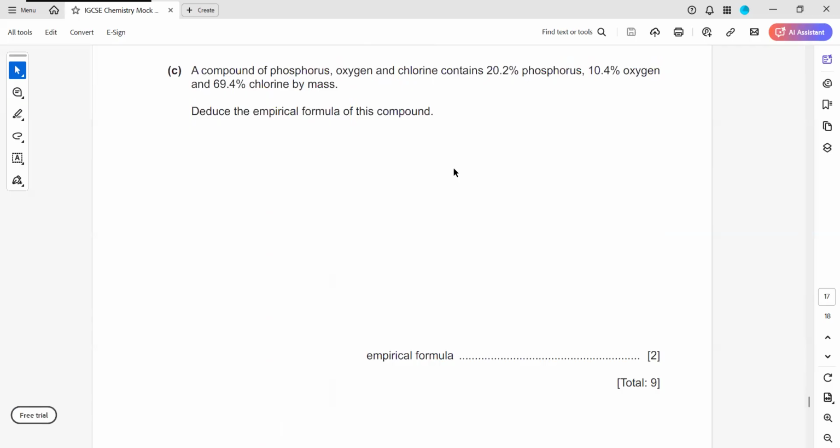Then the last one, empirical formula. You have phosphorus, oxygen, and chlorine. The phosphorus is 20.2, oxygen is 10.4, and chlorine is 69.4. First, you divide by atomic mass.